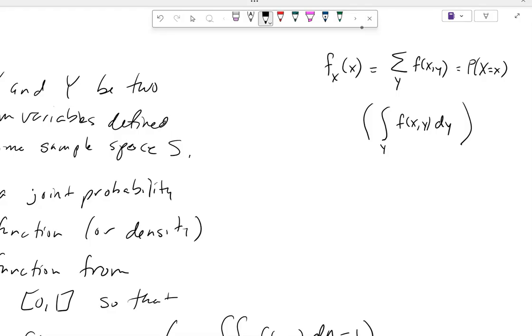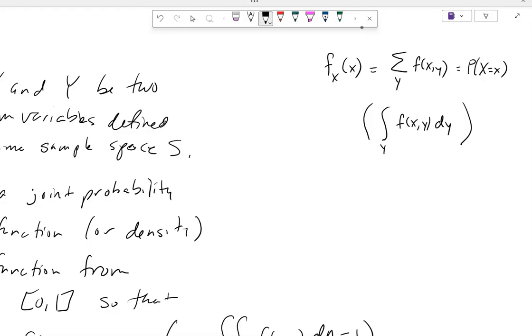Notice that, in general, when you compute your marginal PDF or your marginal PMF, the other variable has to go away. Because I'm looking for the marginal for x, I need to sum up over all the possible y's. My answer can still involve an x. It could depend on the x, but it can't depend on the y at all. Because we're adding it up or integrating over all the y's.